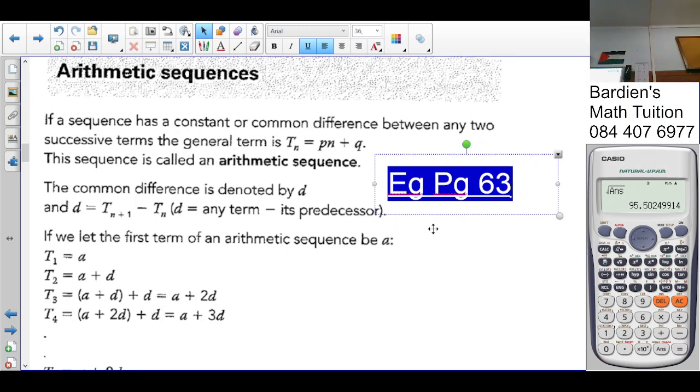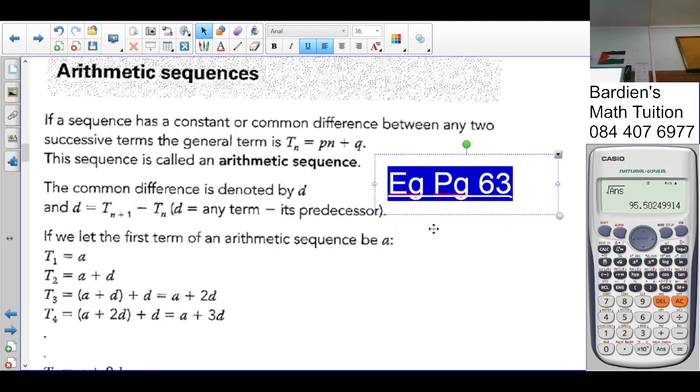So here we are told that if a sequence has a constant or a common difference between any two successive terms, successive or consecutive is the same thing, the general term is Tn is equal to pn plus q. The sequence is called an arithmetic sequence. Okay, so you can write that first sentence down.